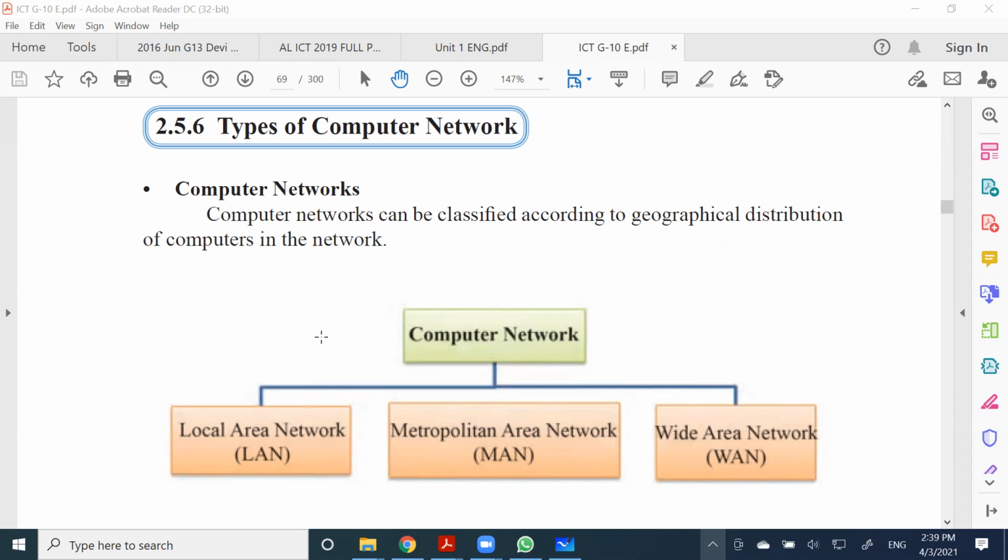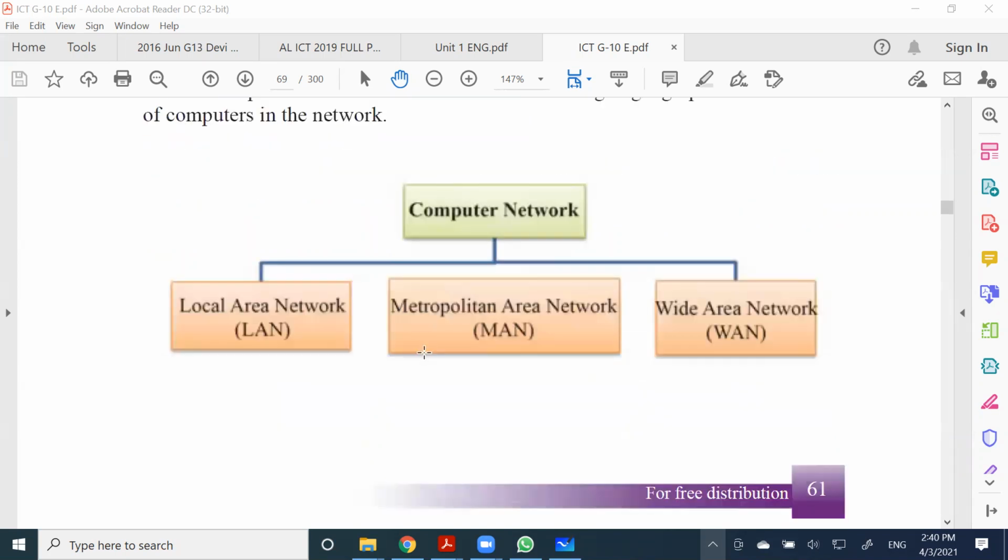A metropolitan area network is larger than the LAN but smaller than the WAN. If you think about several buildings, they have separate LANs, and when those LANs are connected with each other, it creates a metropolitan area network. So LAN is the smallest, MAN is the middle one, and WAN is the biggest.